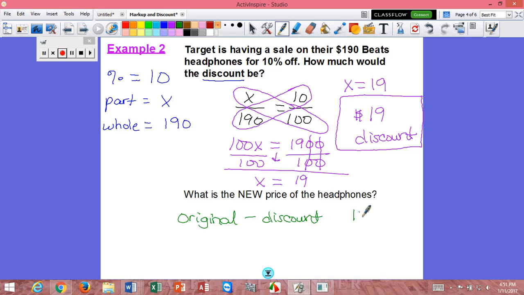So $190 headphones minus a $19 discount. I'm going to borrow here. So the new price of those headphones would be $171, and yes, that is less than the original price of $190.